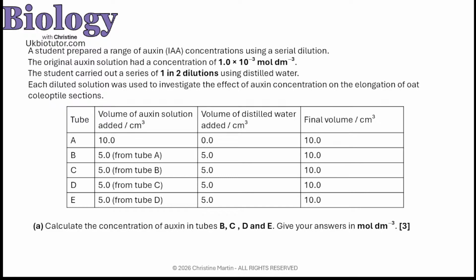There's a 6 marker about preparing a set of IAA dilutions from 10 to the 3 to 10 to the 2. Oh, okay. Yeah, I've just realised this isn't it, because this is one that I've made up. AQA, hold on, let me see. Past papers. IAA. I'll find it for next time. Yeah, definitely find it for next time.